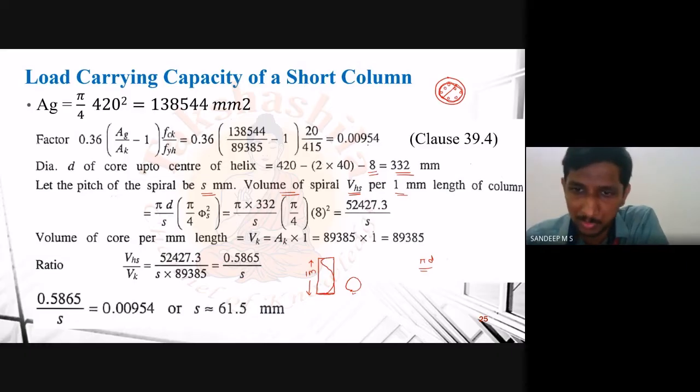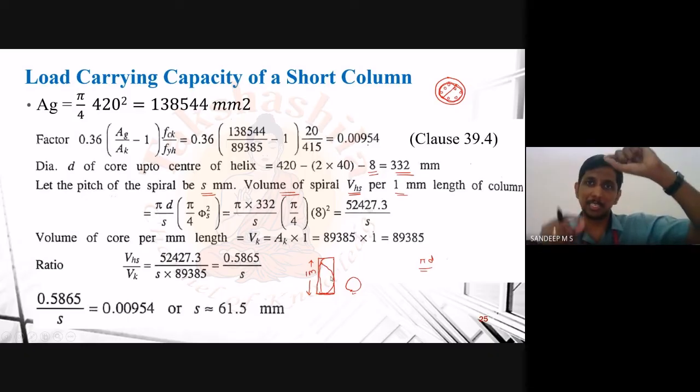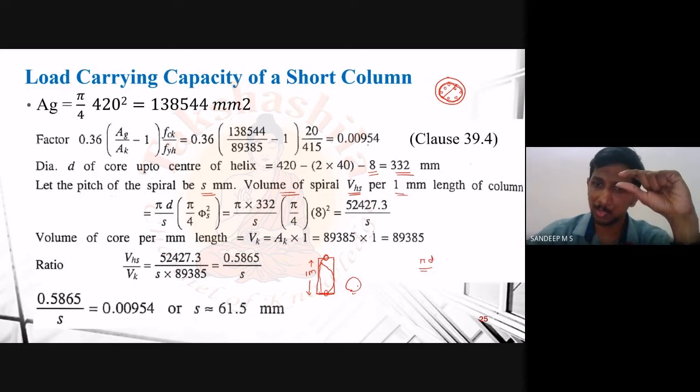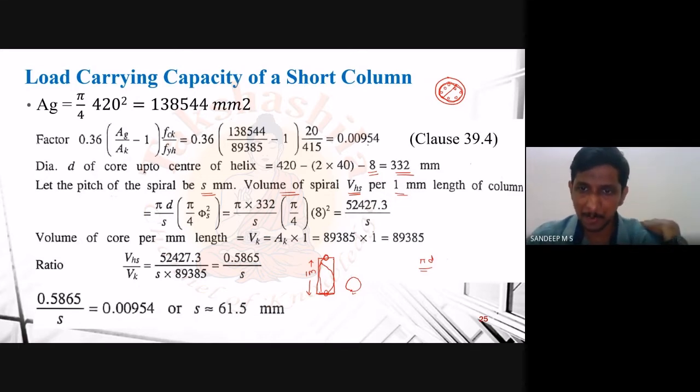Once you complete this rotation, you will reach the same point, so there will be only one center to center distance, because we have just lifted this ring. One end is kept at the bottom and the other end is kept at the top. The part at the bottom will be in line with the part at the top. So here we have only one center to center distance, because we have only one circle, and we know that this length is pi d. Is this much clear to you?